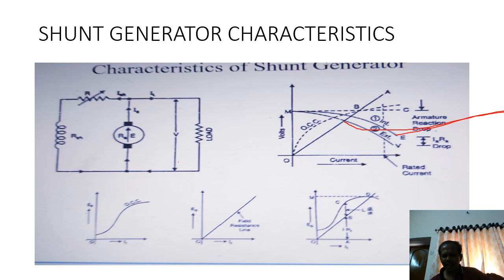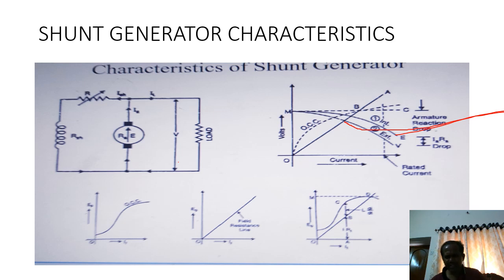When this IA RA is subtracted from the generated voltage EG, we will get the terminal voltage VT. So this is the terminal voltage. This is the internal characteristic of the DC shunt generator. Number two, this is the external characteristic of the DC shunt generator.